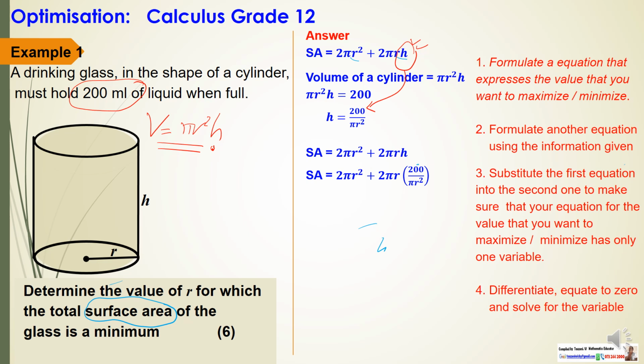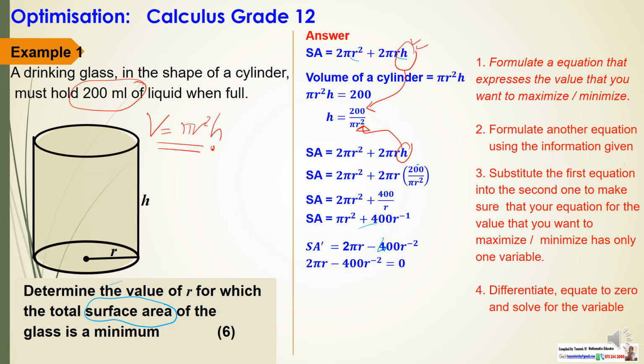So we have substituted, you remove this h here and replace it with 200 over pi r squared and simplify the expression to simplest form. Once it is in its simplest form, then we can differentiate it. You differentiate. After differentiating, equate the derivative to 0 and solve the equation.